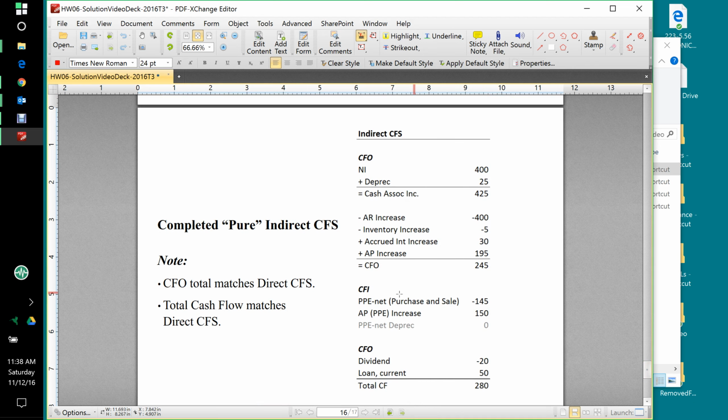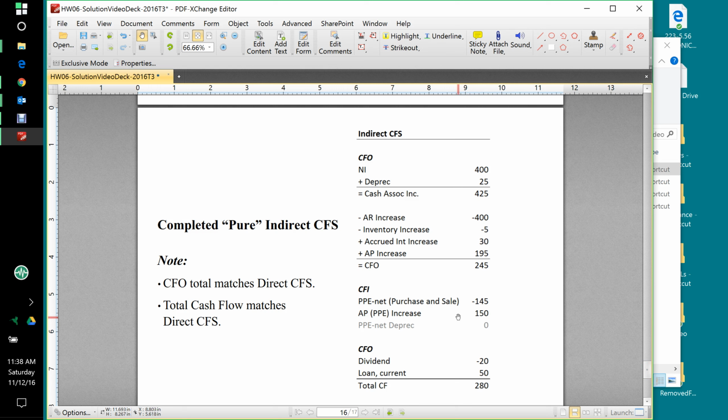So here it is on the next page, our completed indirect method cash flow statement. And again, the total for operations has to match what we have in the direct method, and the total cash flow has to match what we have in the direct method.